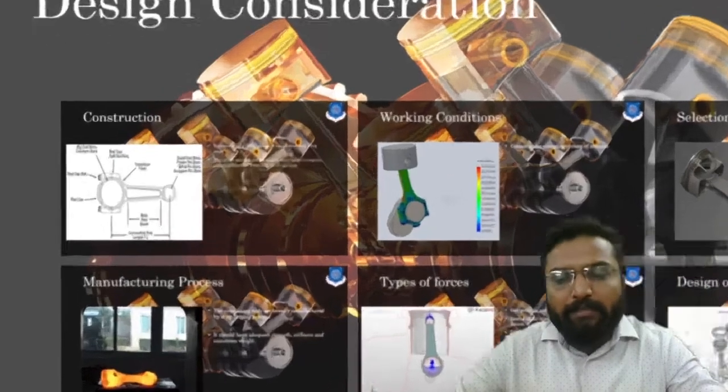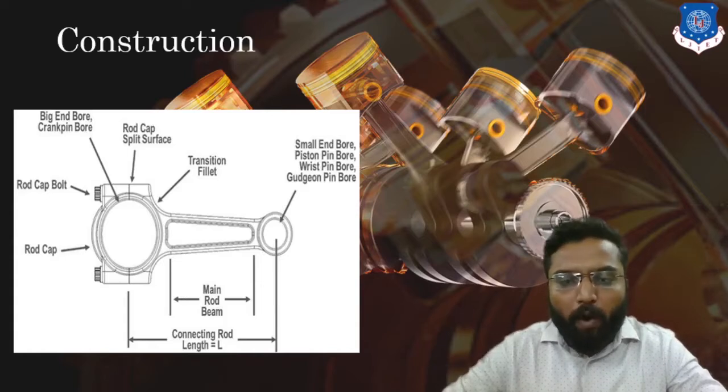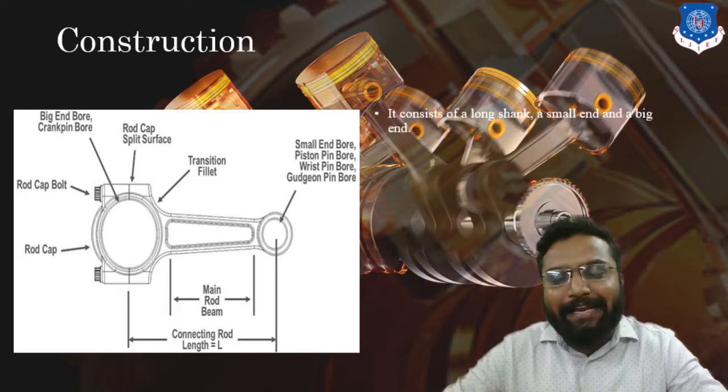First, let's discuss the construction of our connecting rod. The construction of our connecting rod is considered as a short column. This short column consists of three parts. Clear? One is the big end, one is the small end, and one is the shank. The shank is a long section with the small end at one point and the big end at the other.